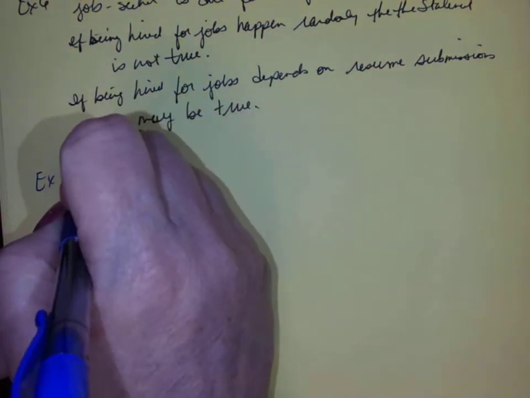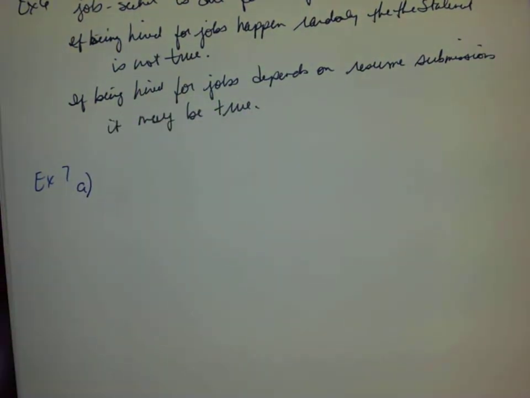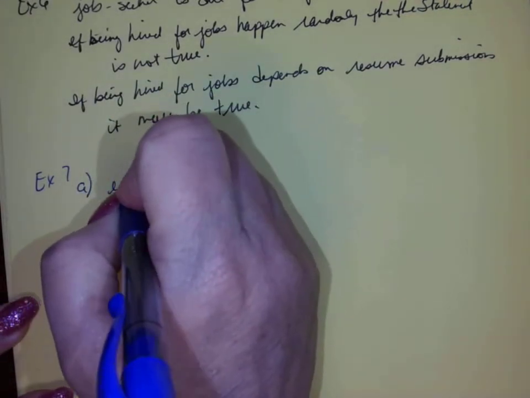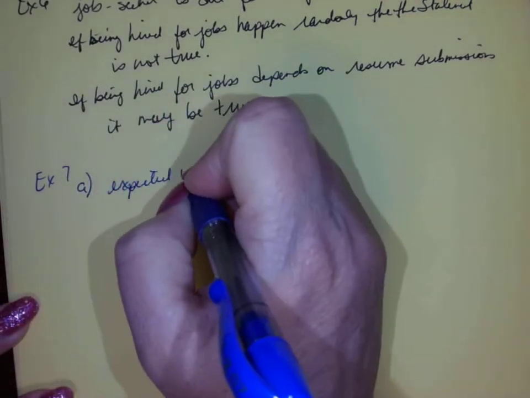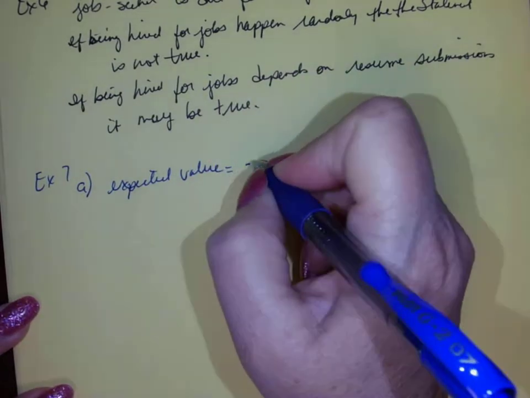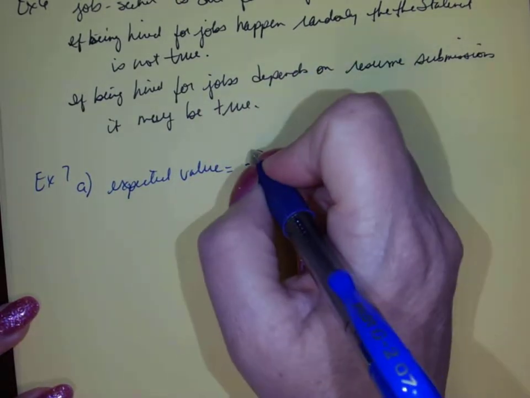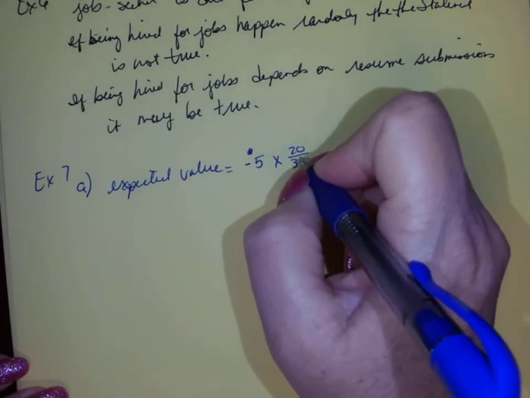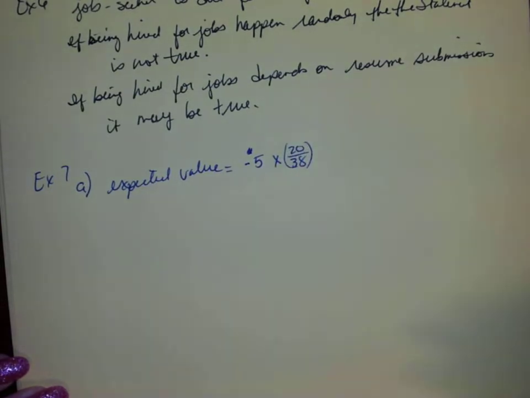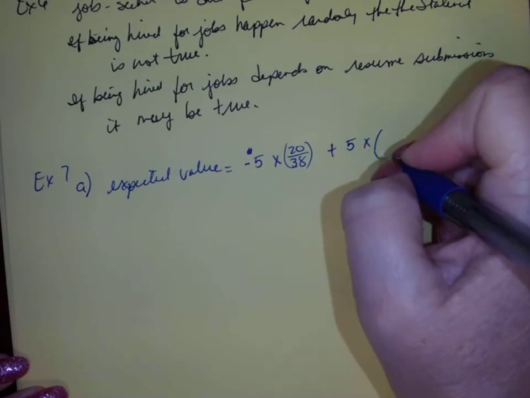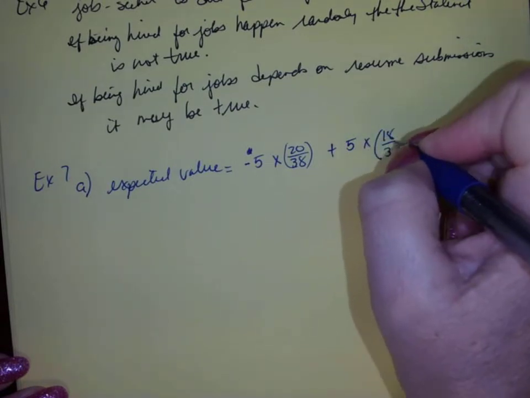All right. So for the expected value for this, we bet $5. So our expected value will be equal to the negative of $5 times the 20 out of 38, plus $5 times our 18 out of 38.